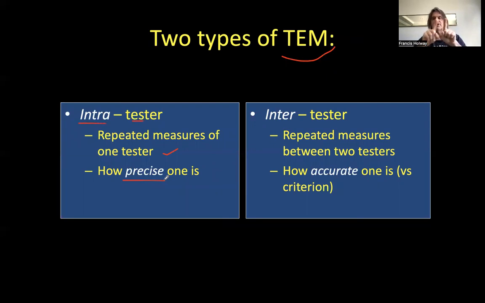And if these 2 measures are very similar, that means you're very precise. Inter-tester measures are the repeated measures between 2 testers. Ideally, a criterion instructor, level 3 or level 4, against you that are taking the course. So that's a measure of how accurate you are.